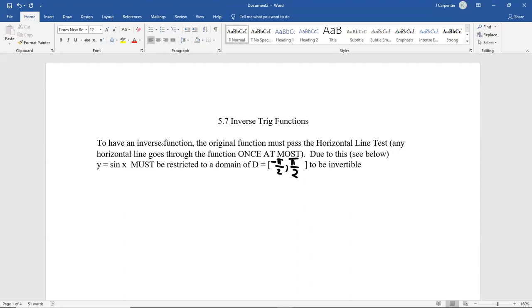We have to restrict the domain of a sine function to negative pi over 2 and pi over 2. So the furthest left we're going to go is negative pi over 2. The furthest right we're going to go is pi over 2.